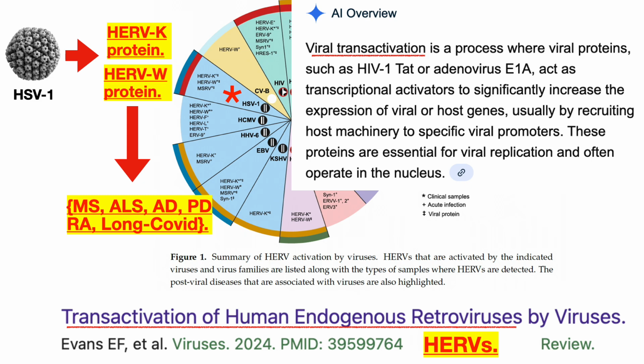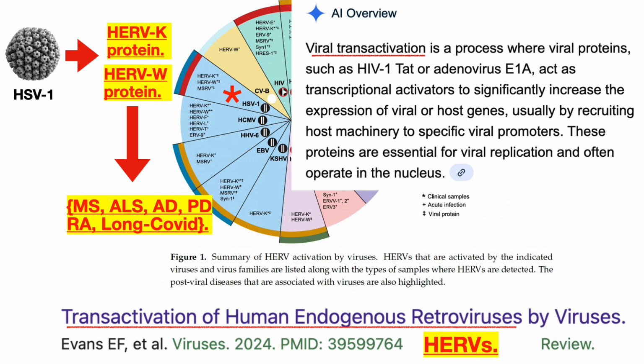Viral transactivation is a process where viral proteins, such as HIV-1 TAT or adenovirus EA1, act as transcriptional activators to significantly increase the expression of viral or host genes, usually by recruiting host machinery to specific viral promoters. These proteins are essential for viral replication and often operate in the nucleus.